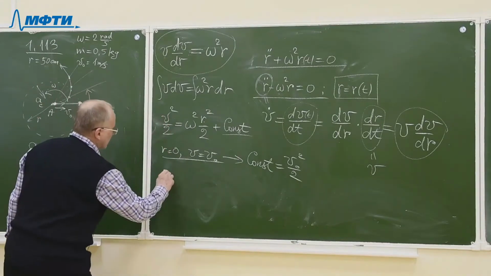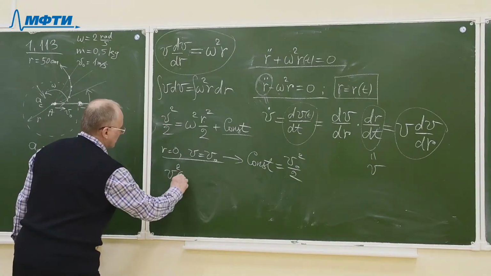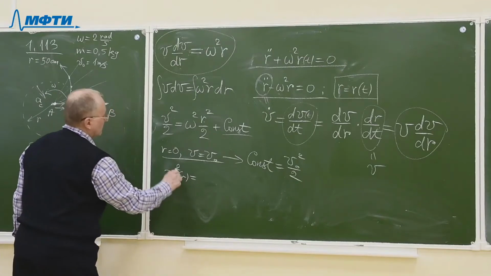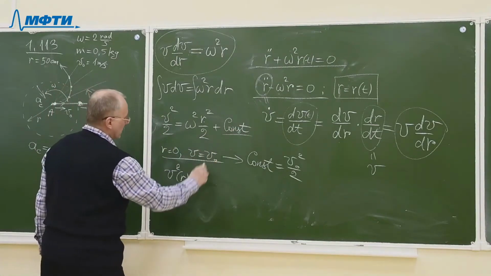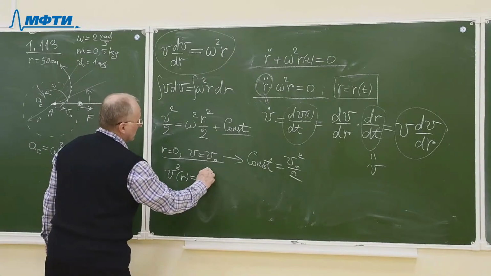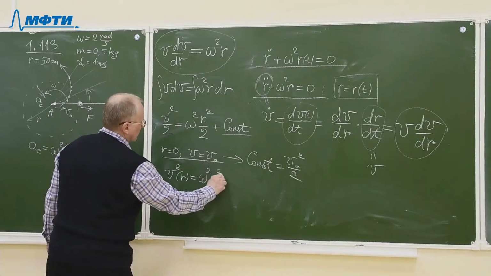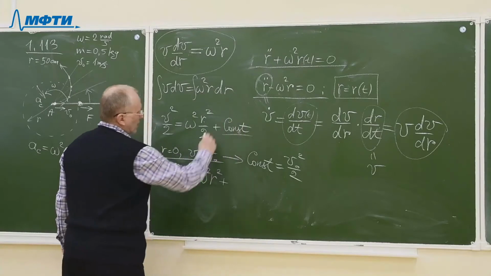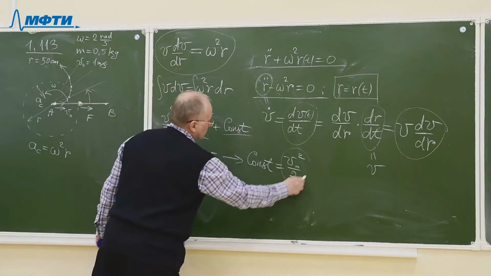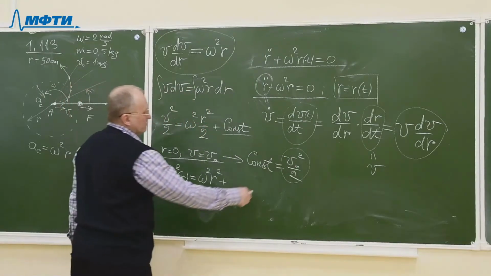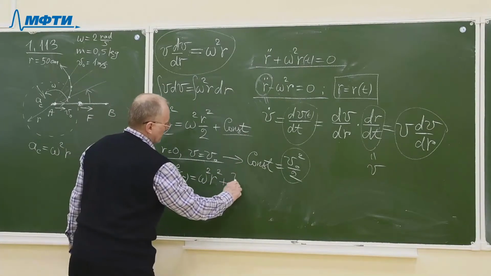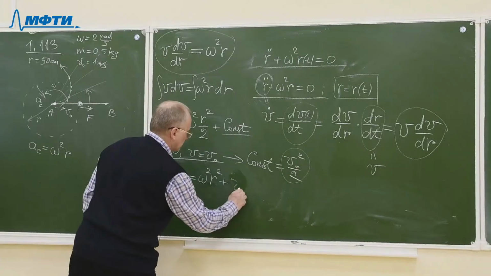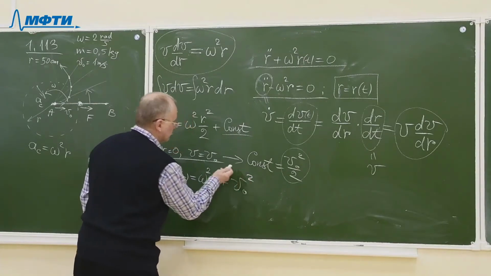So that v squared as a function of r, as a function of distance, I will multiply this equation by 2 immediately, will be omega squared r squared plus v0 squared. I multiplied this equation by 2.